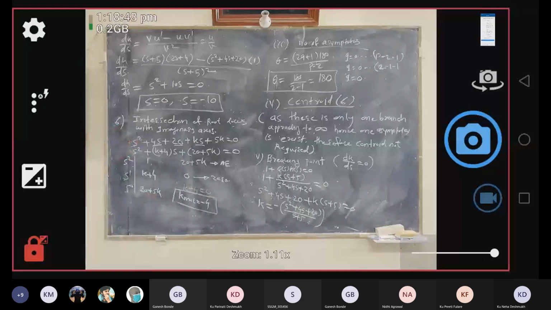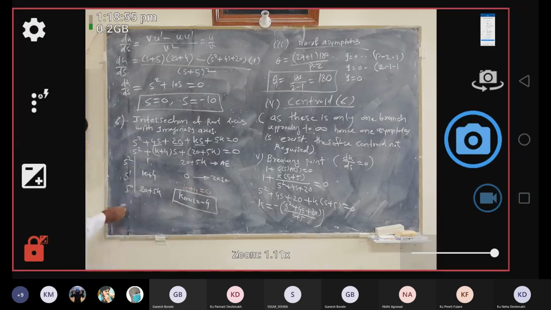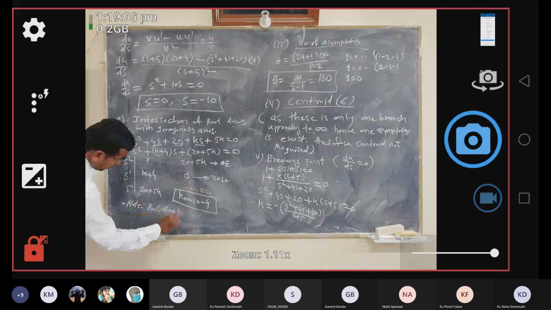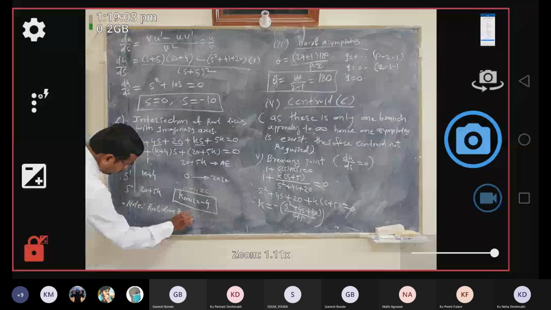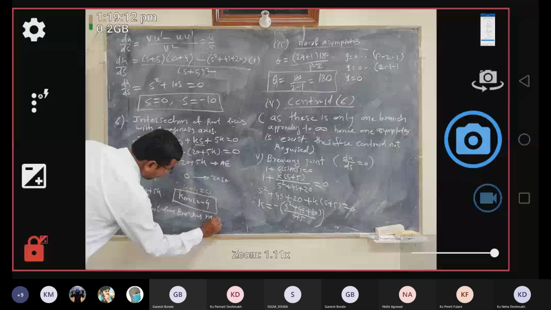So what is the change you have noticed here? As our k marginal is negative, therefore we just note down here. Okay, so when k marginal is negative, that means our root locus branches never intersect the imaginary axis.